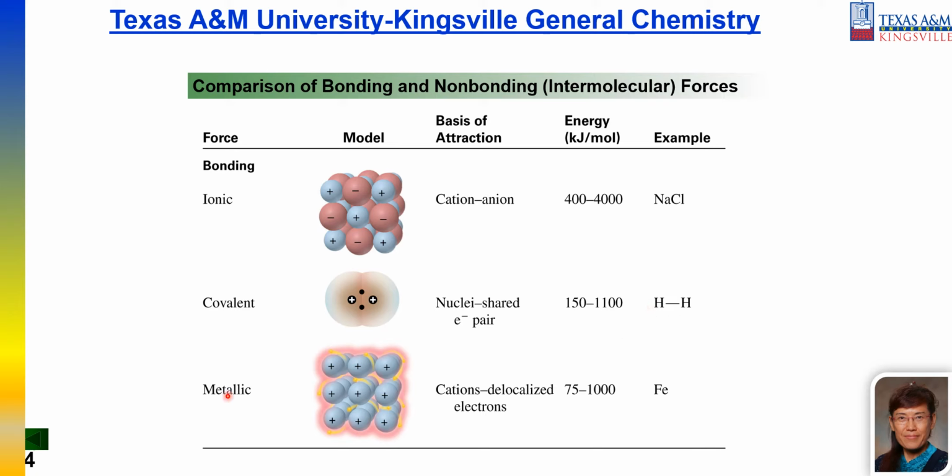The third bonding force is metallic bonding. It results from the nuclei and core electrons surrounded by an electron sea. The positive signs represent the nuclei and the inner electrons, and the colored spheres represent the delocalized electrons.